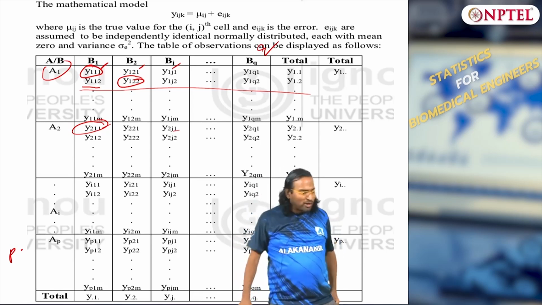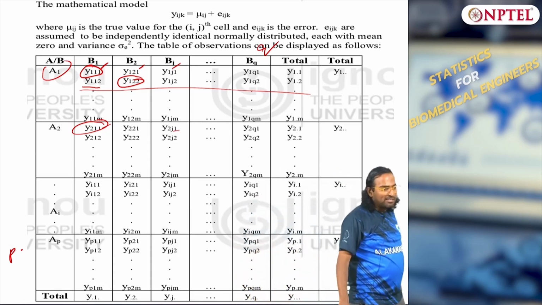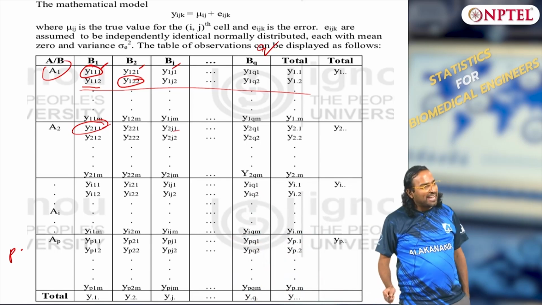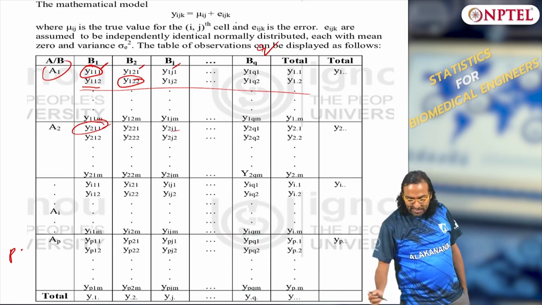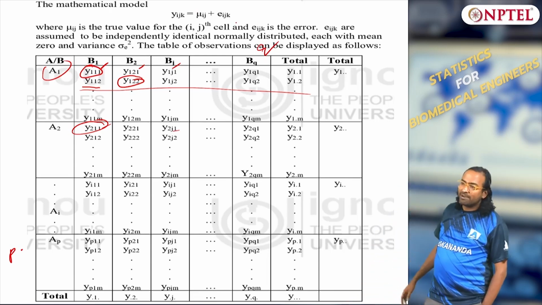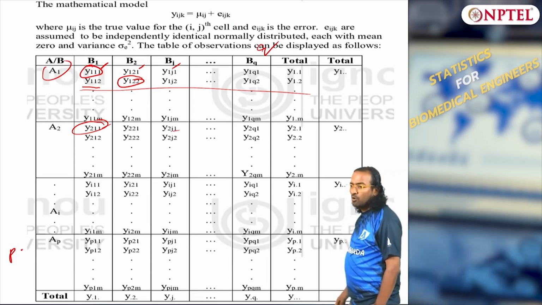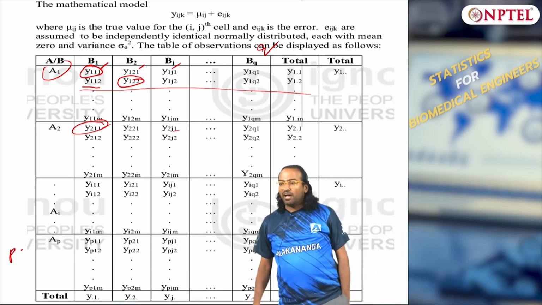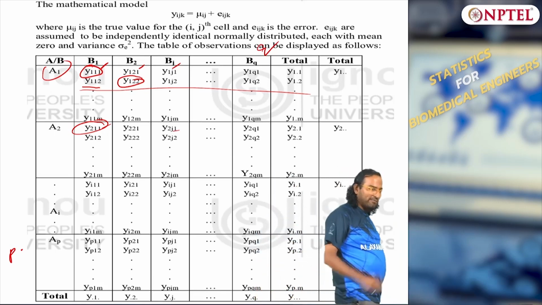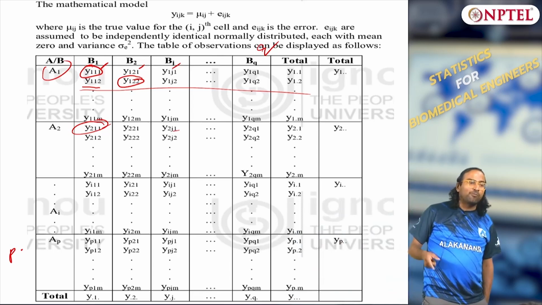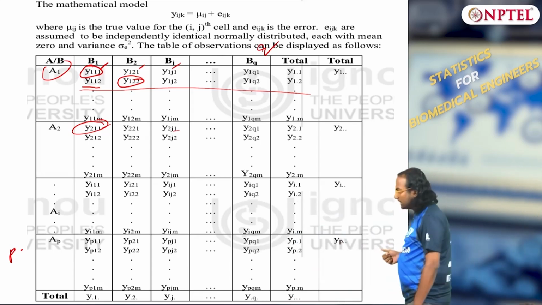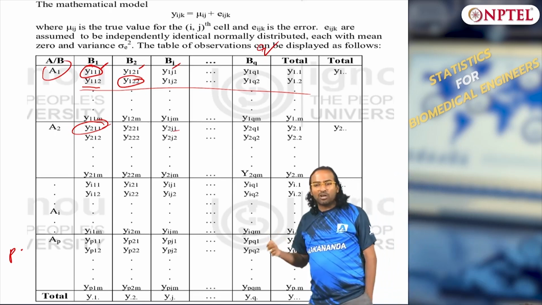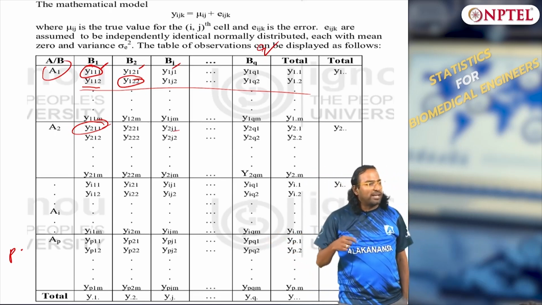So your model is going to be Yijk equals mu_ij plus epsilon_ijk. Why did I write mu_ij and not mu_ijk? Yijk is my output, for the ith row, jth column, kth replication, and it is nothing but mu_ij plus epsilon_ijk.